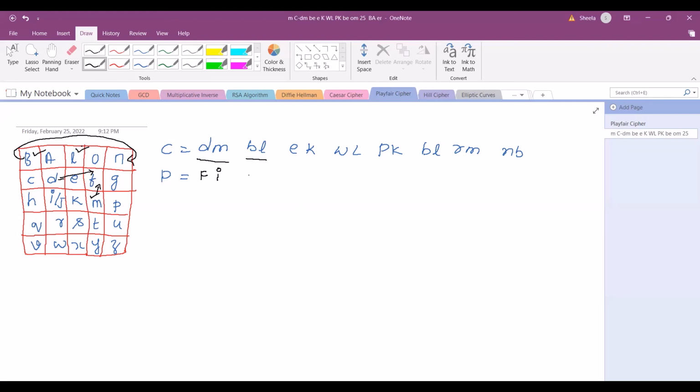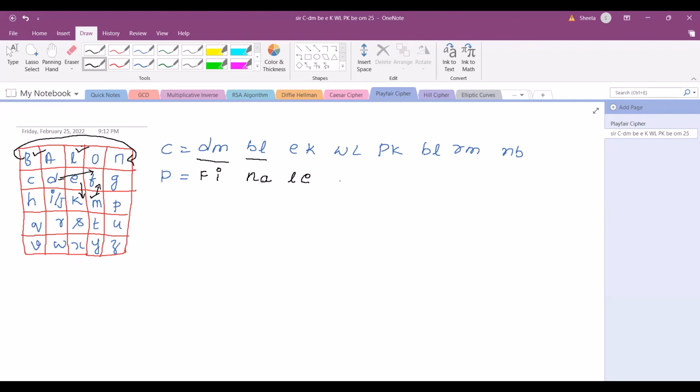So for B, the letter to the left is N, and for L, the left letter is A. And for EK, they fall in the same column. While encrypting we took the letter beneath, but here we have to take the letter above. So for E, the letter above is L and the letter above K is E. This is how we can decrypt.